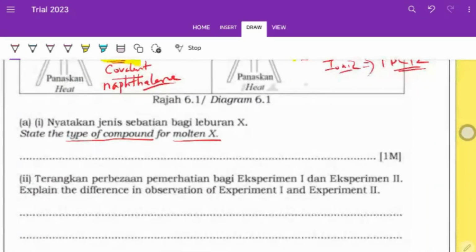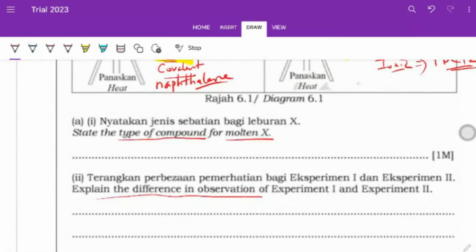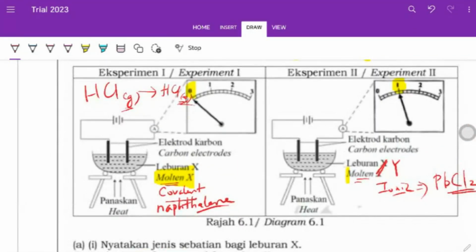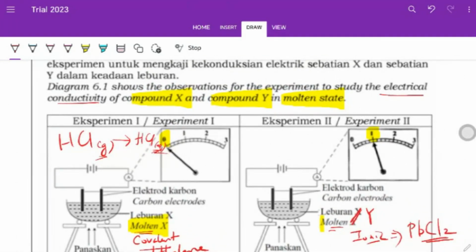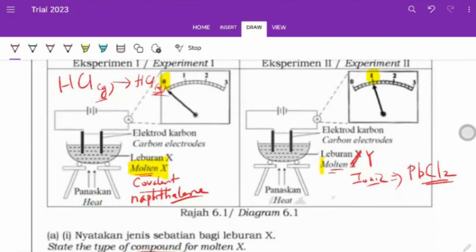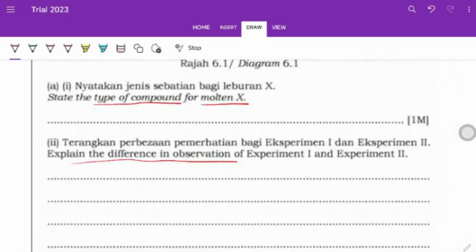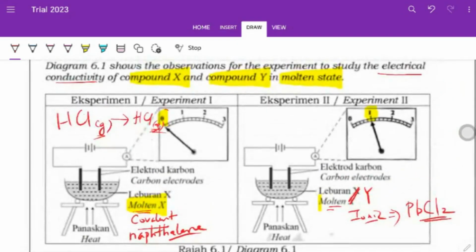Now explain the difference. Observation here: in molten X, it shows electrical conductivity. Can it conduct electricity? Cannot, right? Zero.